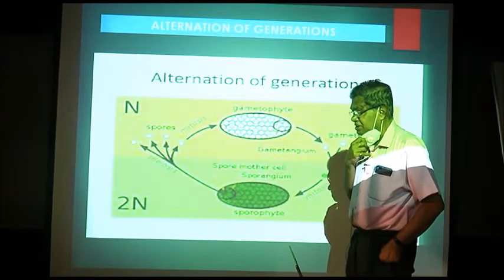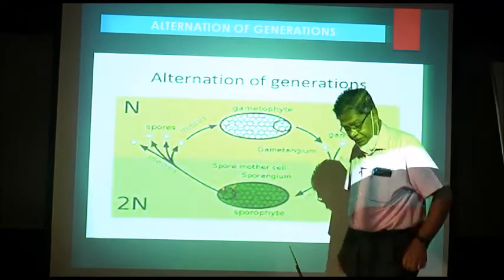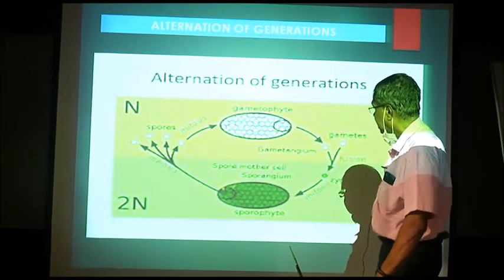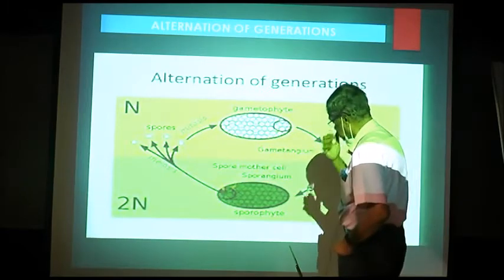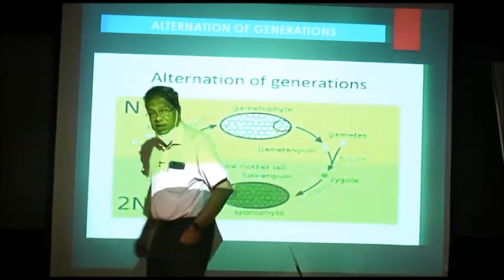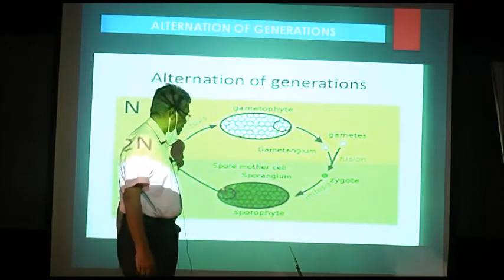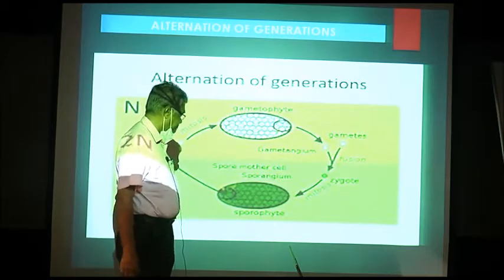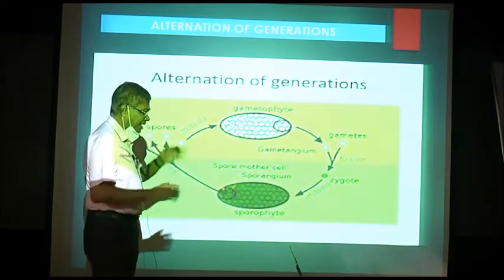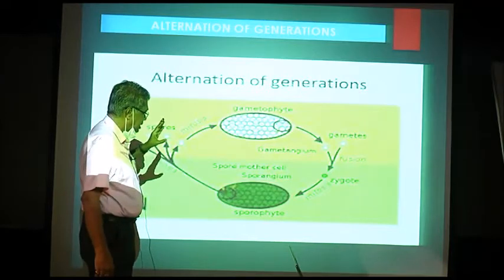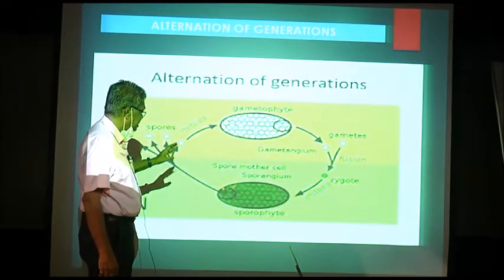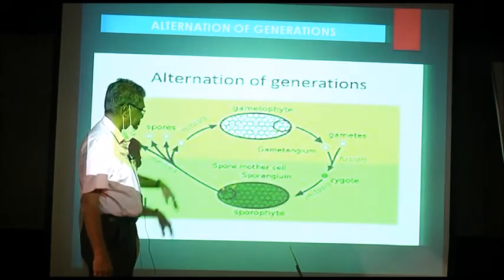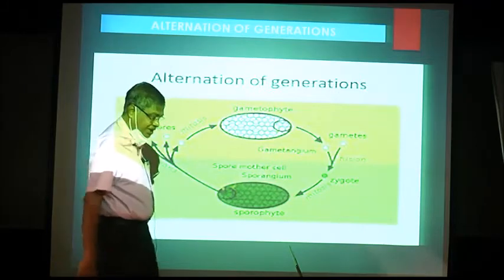This is the life cycle in angiosperms. To understand this clearly, I am showing two more slides here which will make you clearly understand what we mean by gametes union and all that. In plants like algae, fungi and bryophytes, we find clear alternation of generation. What is alternation of generation?